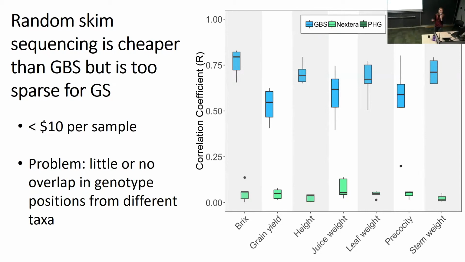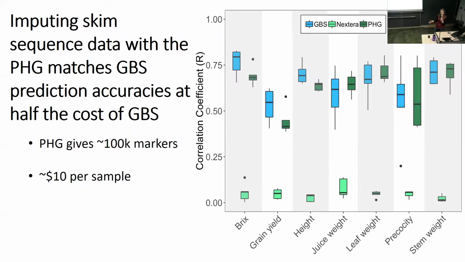That really comes down to the fact that because this is based on random sequencing, there's no consistency, there's no overlap in positions that we're actually sequencing. And so this is where the practical haplotype graph can come in. If we take that sequence data and run it through the PHG to impute missing information, we actually get these dark green boxes here.